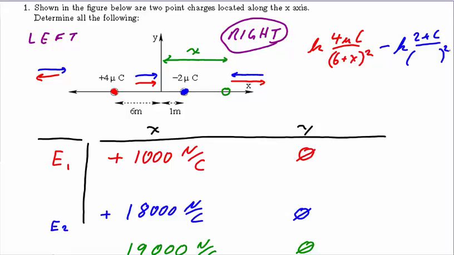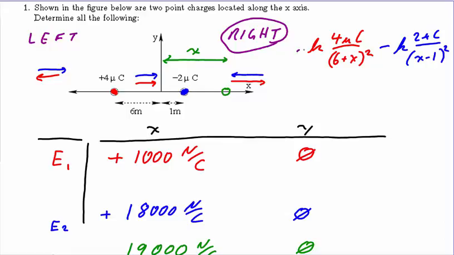Looking at the ladder diagram, we can see that the distance between the -2 microcoulomb charge and the point P where we're trying to do our calculation could either be written as x minus 1 or as 1 minus x. In order to make the calculations as simple as possible, we are going to select between these two whichever one is a priori positive. Since clearly x must be bigger than 1 in order to be to the right of all charges, we are going to take x minus 1 rather than 1 minus x.